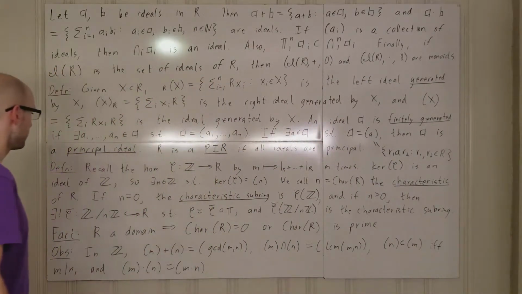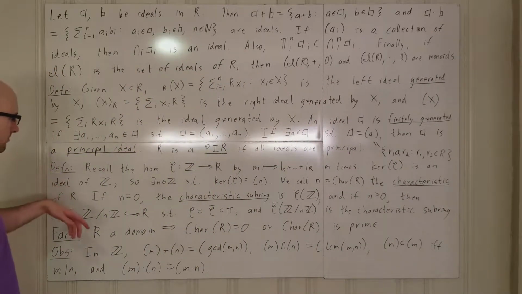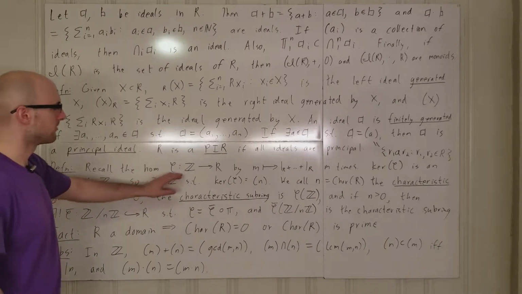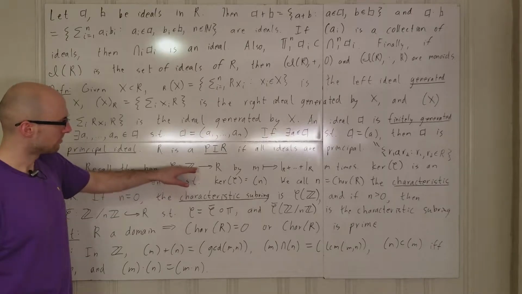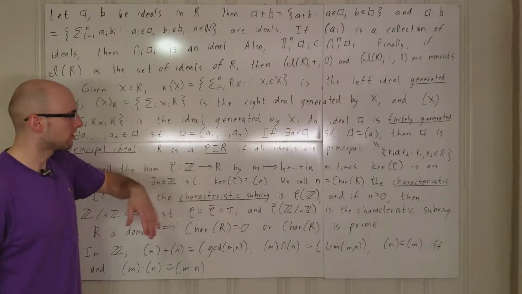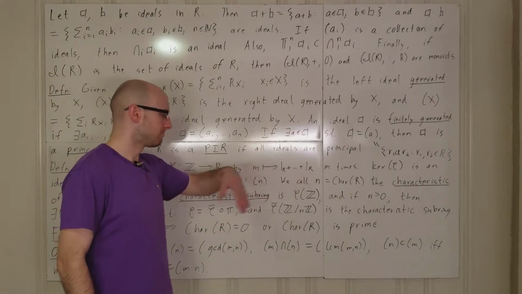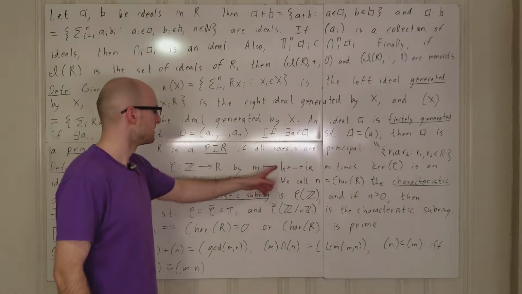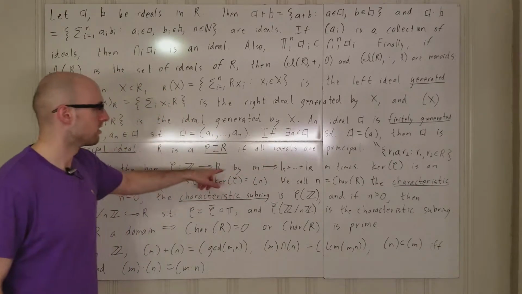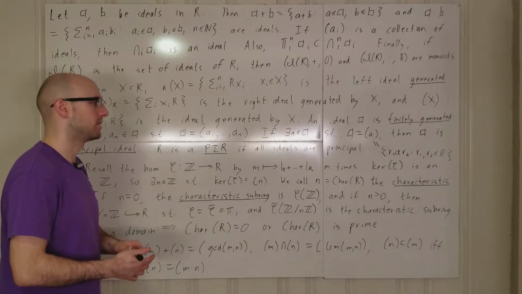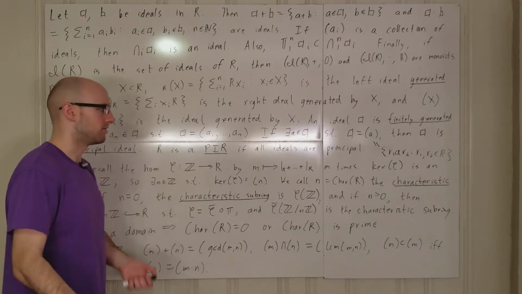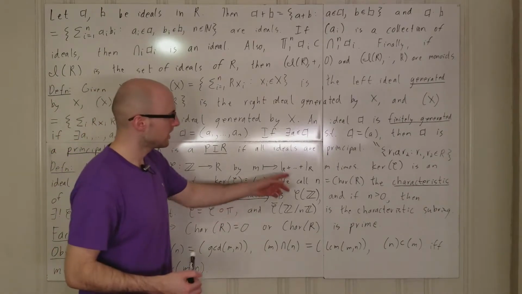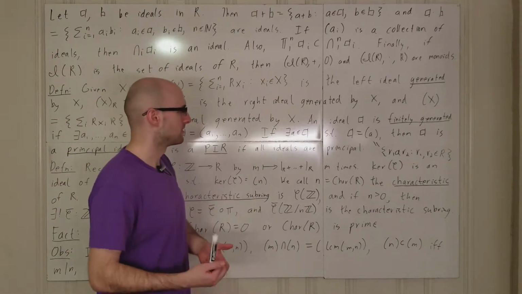All right, more definitions. So we talked about this ring homomorphism that we always get. It goes from Z to R, and you take m to the multiplicative identity in R added to itself m times. Of course, 0 goes to 0, and negative numbers means you just take the negative of 1 and add it to itself however many times.